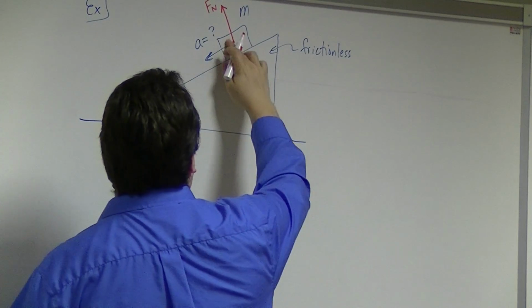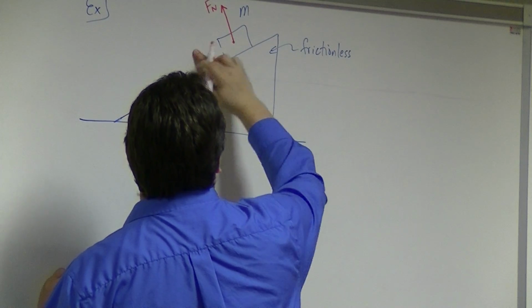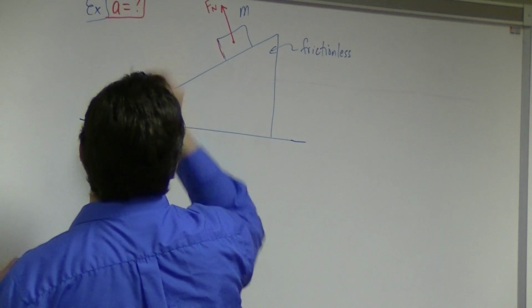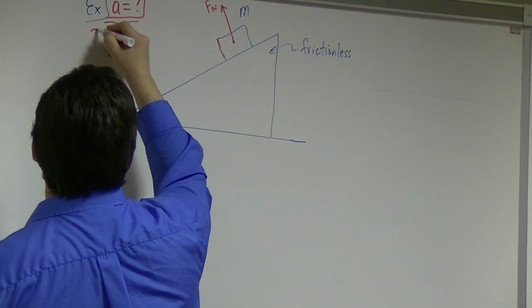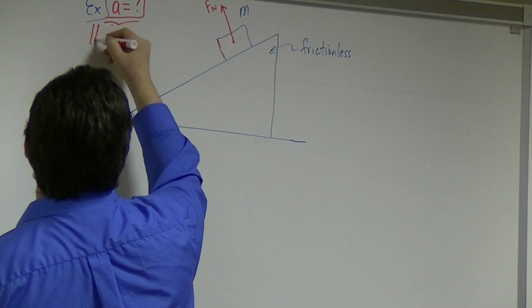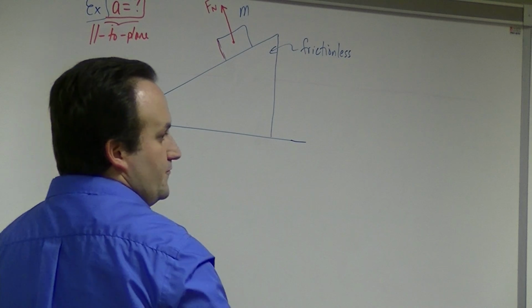Let me erase the acceleration vector because that's not really where it's at. I mean, I want to know what that is, right? It's our goal, find the acceleration down the plane. What else?